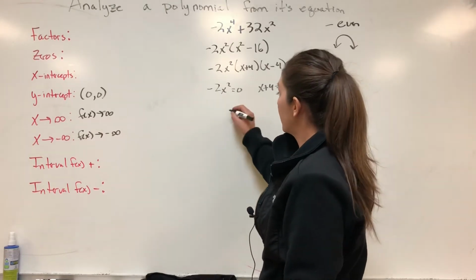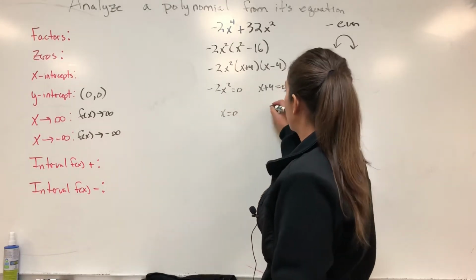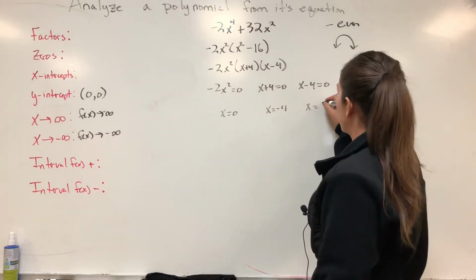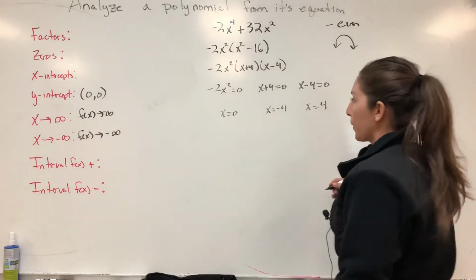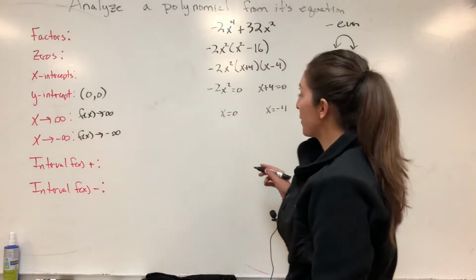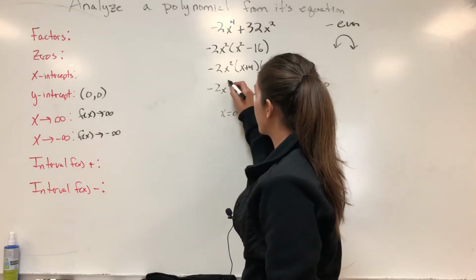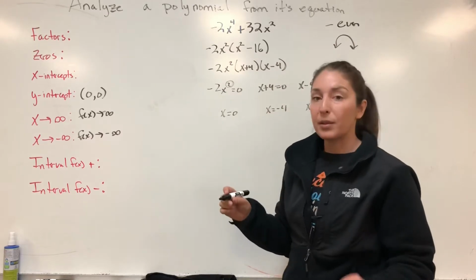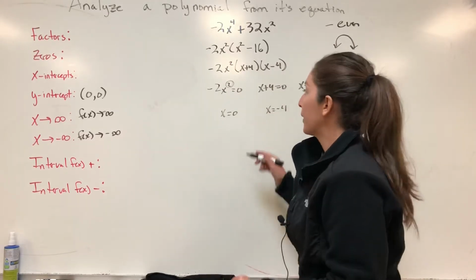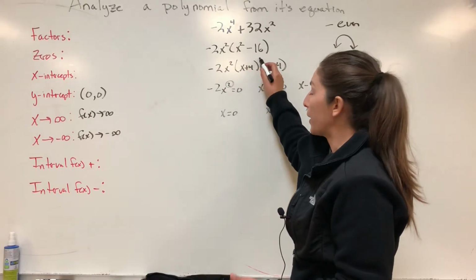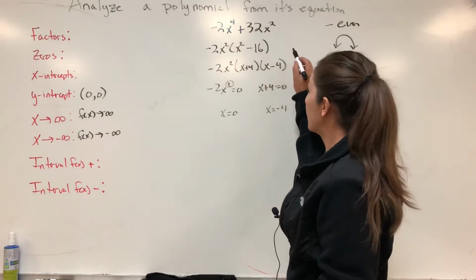So here x equals 0, here x equals negative 4, and here x equals positive 4. Something really special happens with this 0, because it has multiplicity 2, because of this square. Negative 4 has multiplicity 1, and the same for 4.